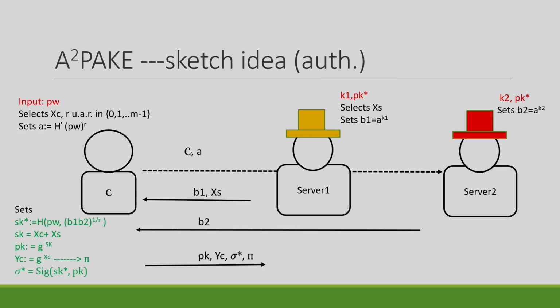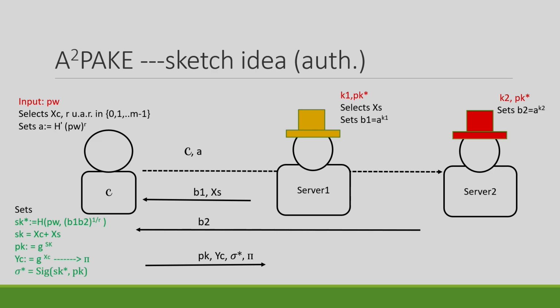Then further, if at a later time the user wants to sign something, he more or less replicates this phase, but also involving two random integers. So on top of doing everything to reconstruct SK star and PK star, because he never stored them, he will choose XC, which is a random integer, and server one will choose XS.